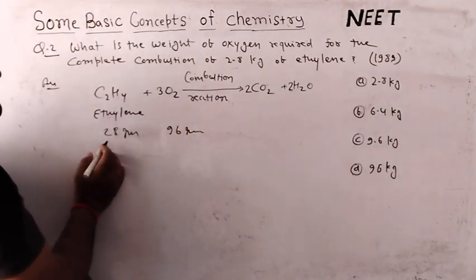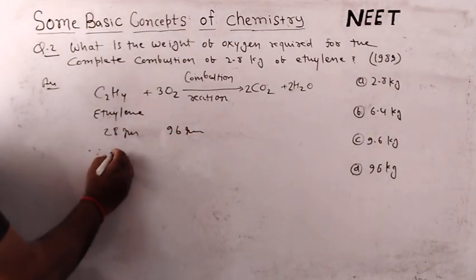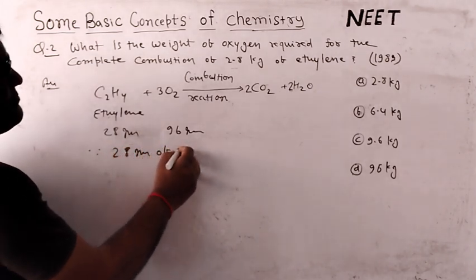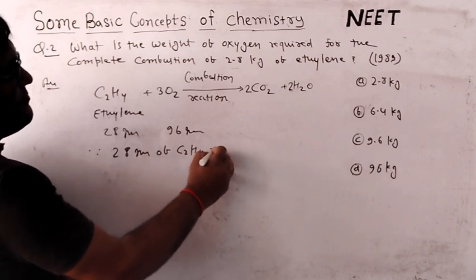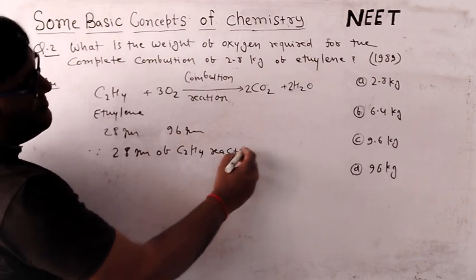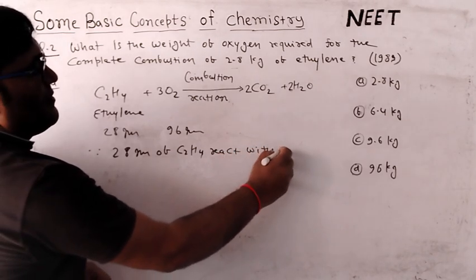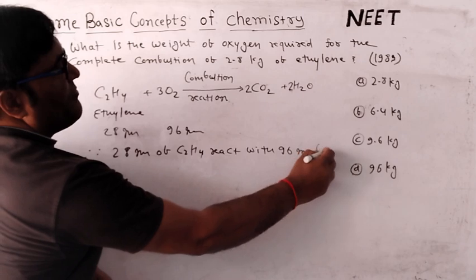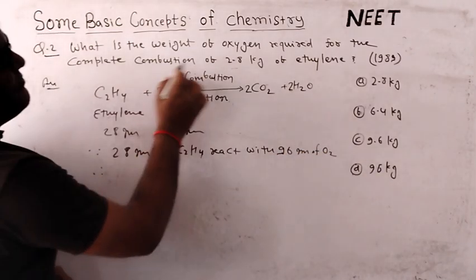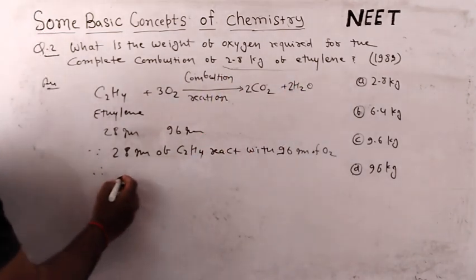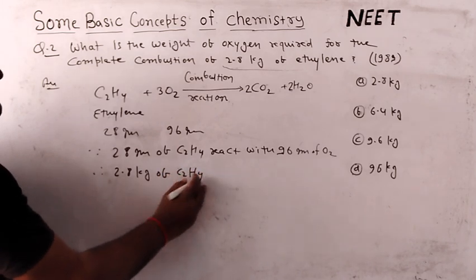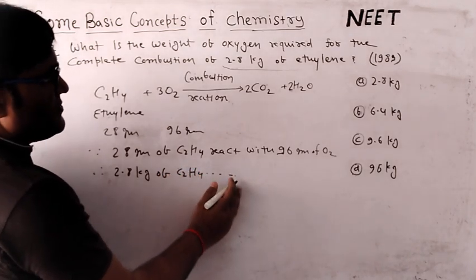Now, 28 gram of C2H4 reacts with 96 gram of O2 in the combustion reaction. Now for combustion of 2.8 kg of ethylene, or 2.8 kg of C2H4, the amount of oxygen required is how much?